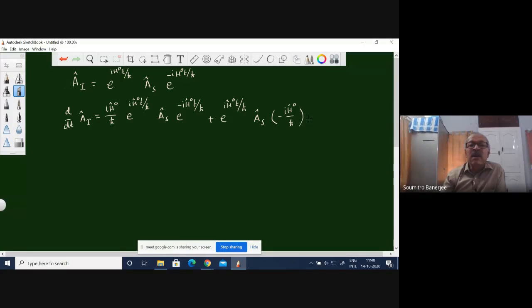This will come out, and then it is e to the power minus i H naught t by h cross. And the third term is plus e to the power i H naught t by h cross. Now I'll take a derivative of this.